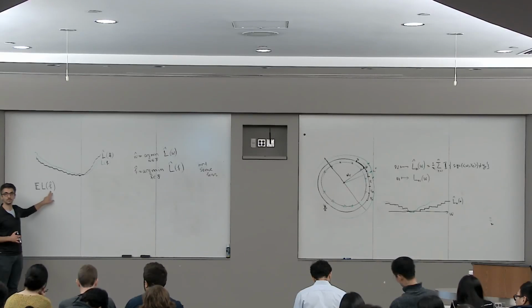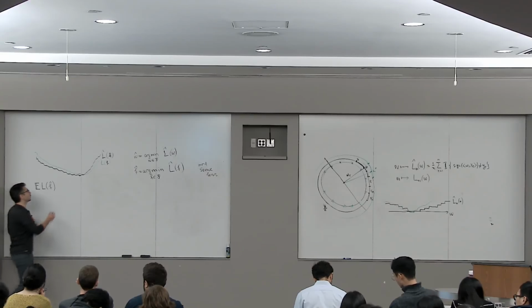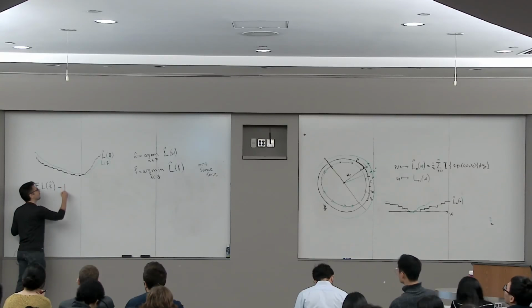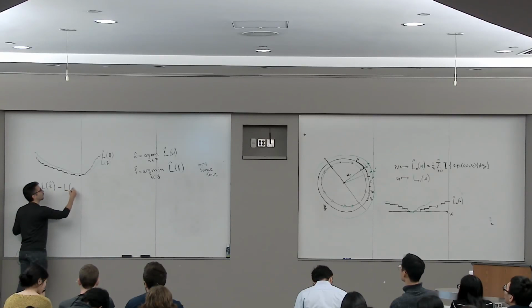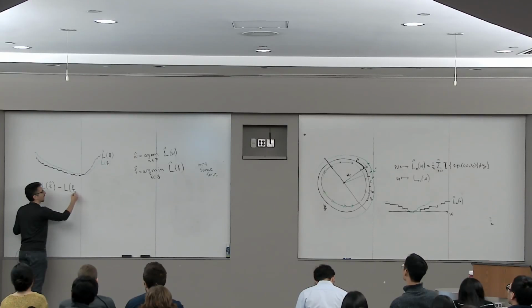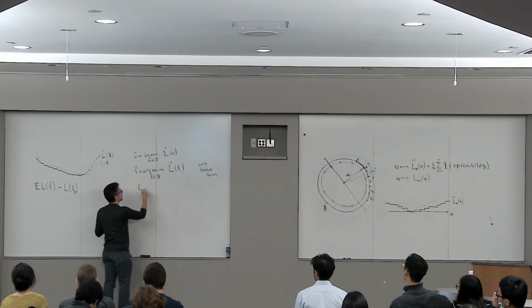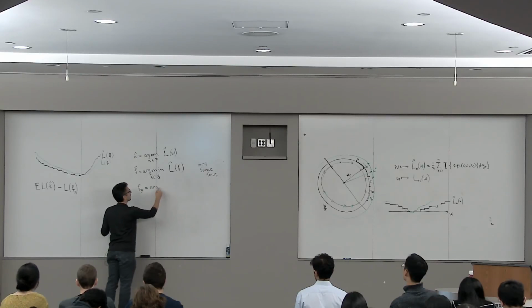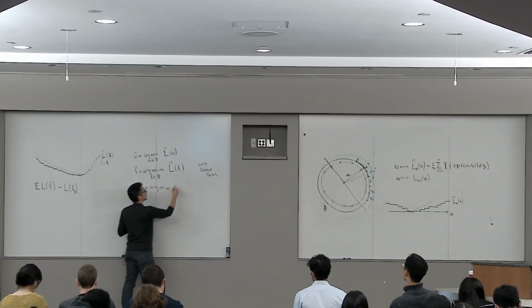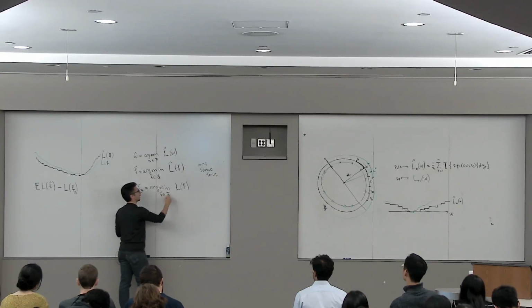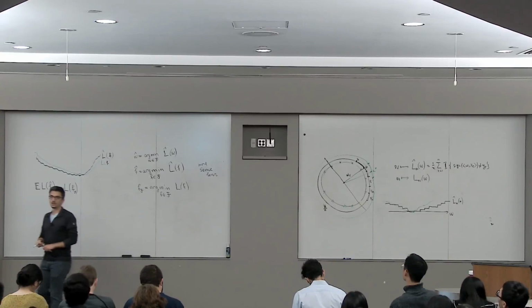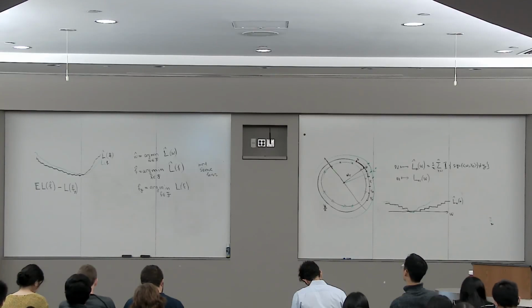Yes? Now, what I'm going to do is compare it to the L of f sub f. So what is f sub f? F sub f is going to be argmin of L of f in the class F. So remember the bias variance trade-off we finished last lecture with?